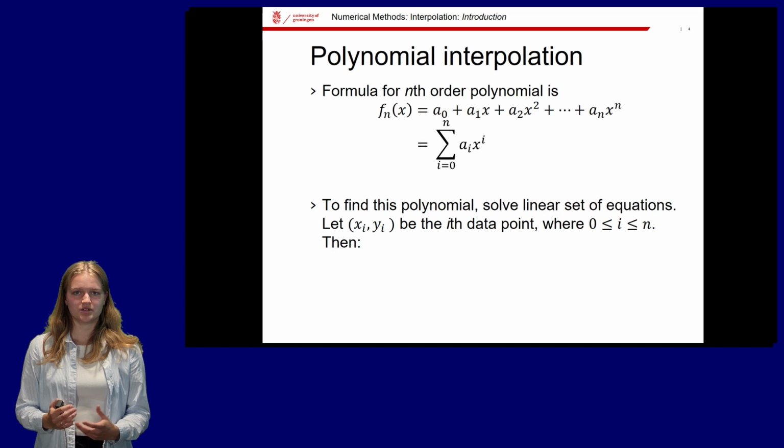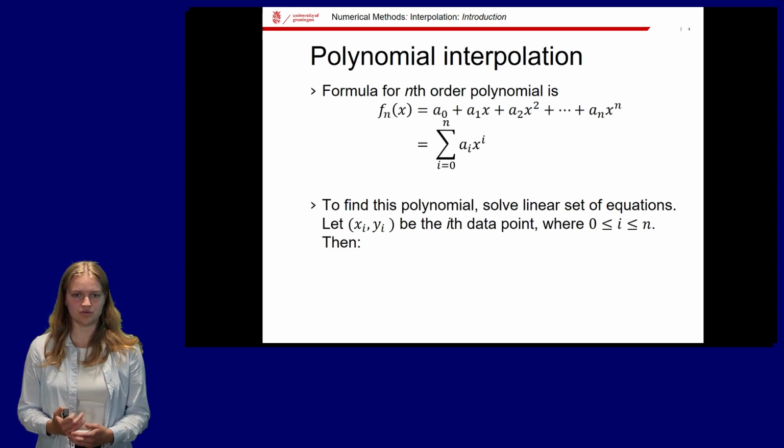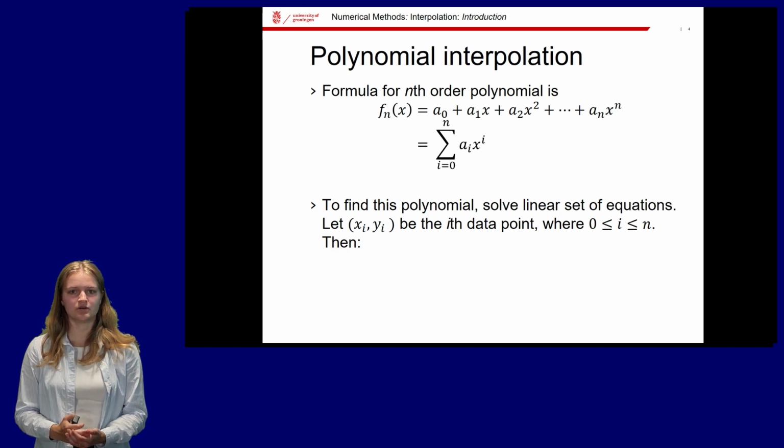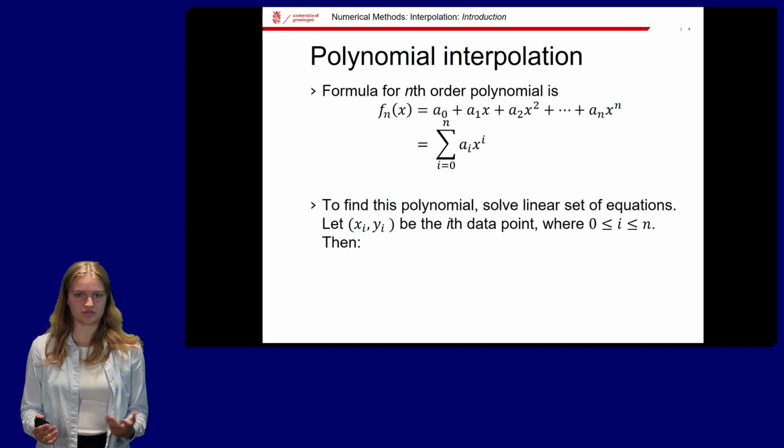If we want to find this polynomial, we have to solve a system of linear equations. If we have n+1 data points, let's represent them as xi, yi, where i ranges from 0 to n.